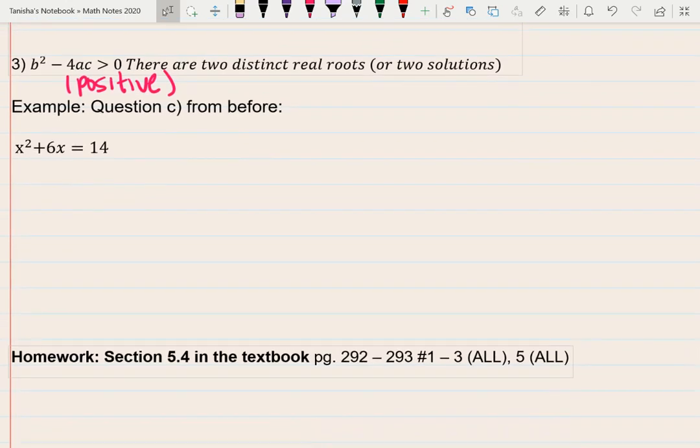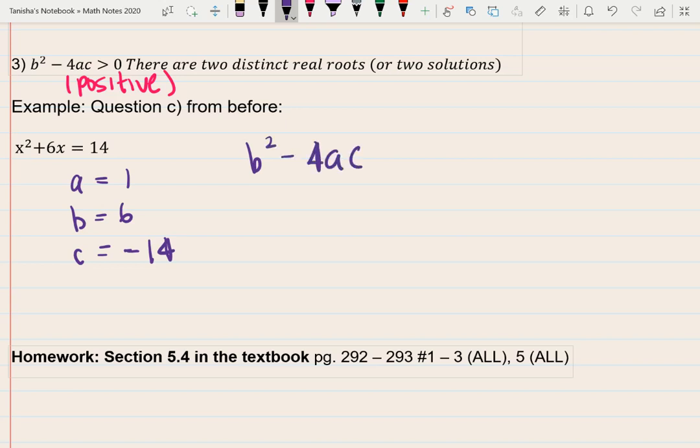Okay, so from question C from before, without actually solving for the solutions, but just identifying how many solutions there are, we know that our A is equal to 1, our B is equal to 6, and our C is equal to negative 14 when we move it to the other side of the equation. So we substitute into the b squared minus 4ac discriminant formula and figure out if the value is greater than 0, less than 0, or equal to 0.